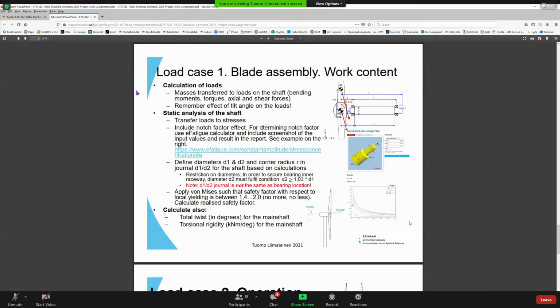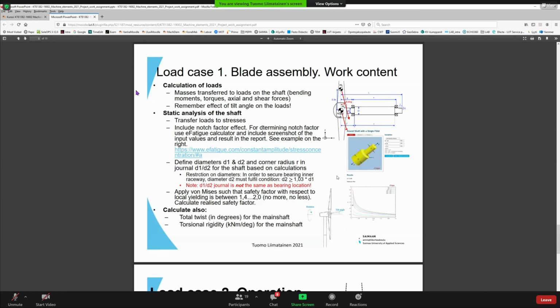And in the report, put a screenshot of the page where you state your input values and what is the resulting KT factor. And the same, of course, for the other loads, also for bending and torsion. So then I have a clear picture of how you obtained these K values.